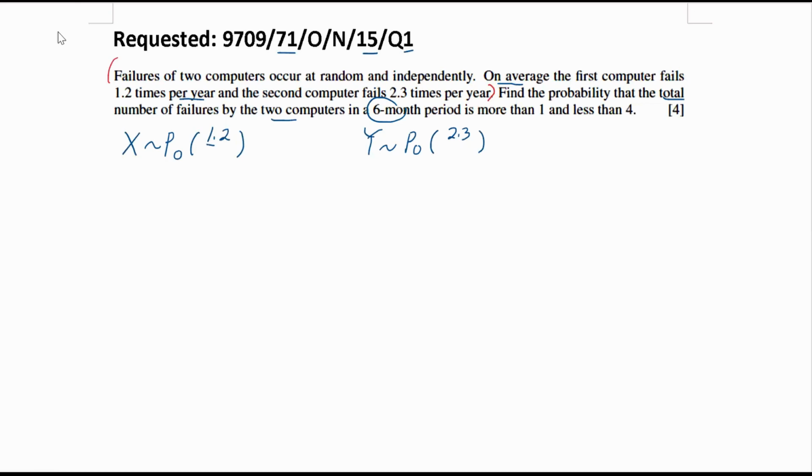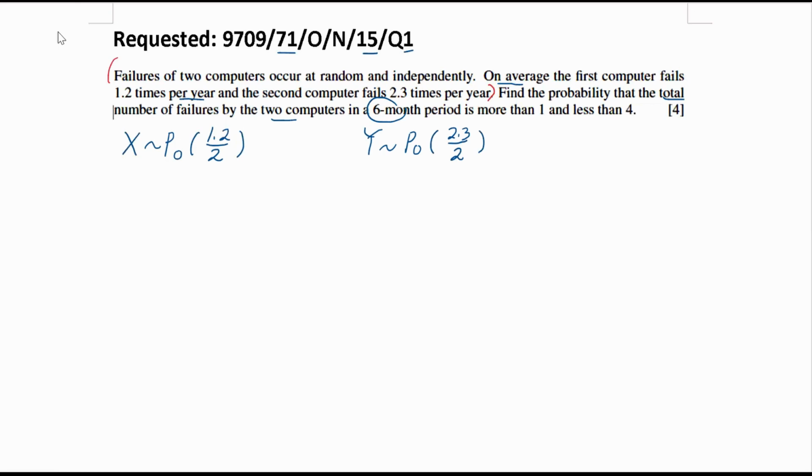So we take this value divided by 2, because 1.2 is 1.2 times per year. So we are looking at a 6-month period, 1.2 divided by 2. The same thing happens to the second computer: 2.3 times failure is per year, so for a 6-month period, divided by 2.